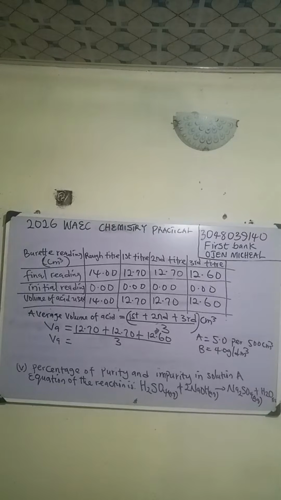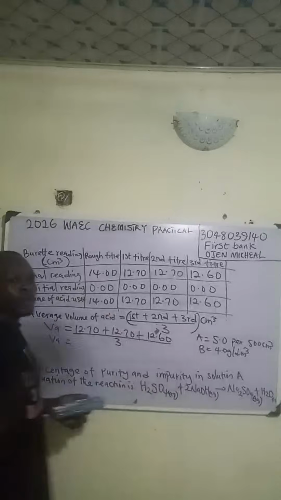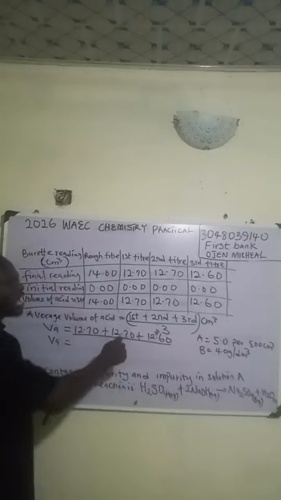Are you following? Can we proceed? So our answer will be what? 12.7 plus 12.7 plus 12.6 is equal to 38. No, you don't have to use rough data. Don't use rough data when you are doing this. In some exams, you can as well cross it like this.